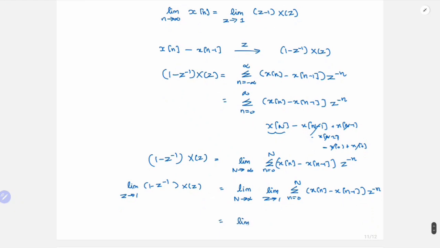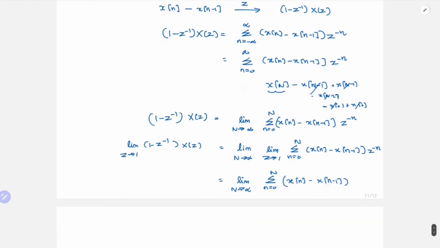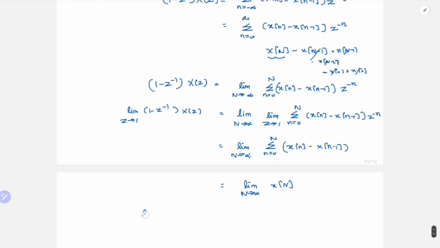So this gives limit n tends to infinity, summation n equal to 0 to n, x of n minus 1. So this, as stated, is going to give me x of n only. So my limit n tends to infinity x of n, which is my final value, is given by limit z tends to 1, 1 minus z inverse x of z.